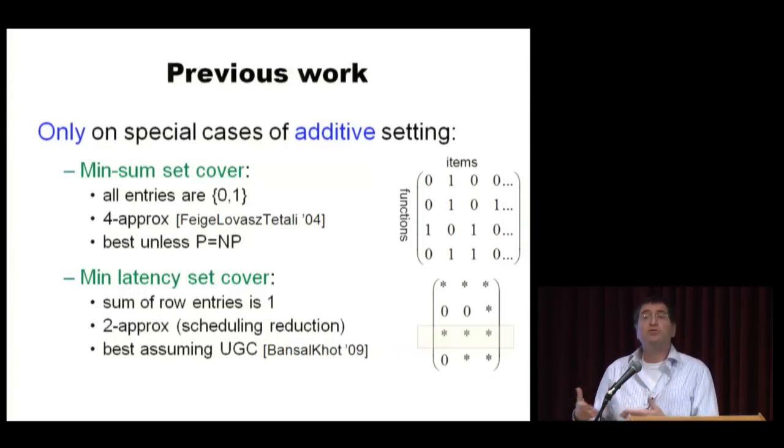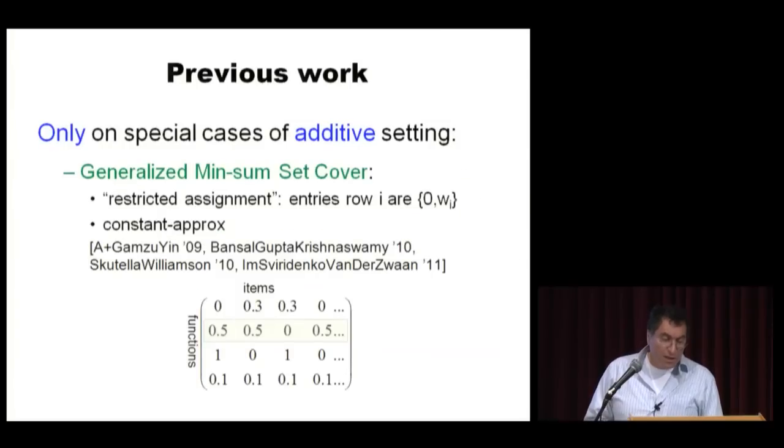Of course, you don't need to cover the zeros for the users. So this is a special case, and again, this has a 2 approximation, and this is by a reduction to some scheduling problem. And actually, 2 years ago, it was shown under the unique games conjecture that this is actually tight. Also, you get 2.